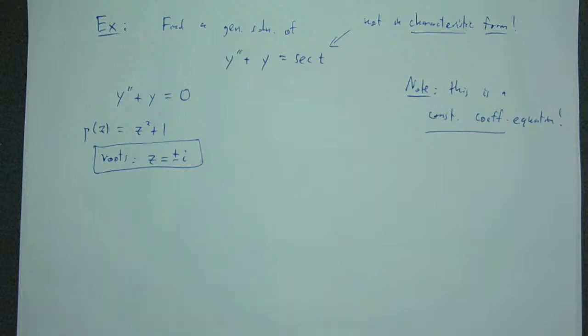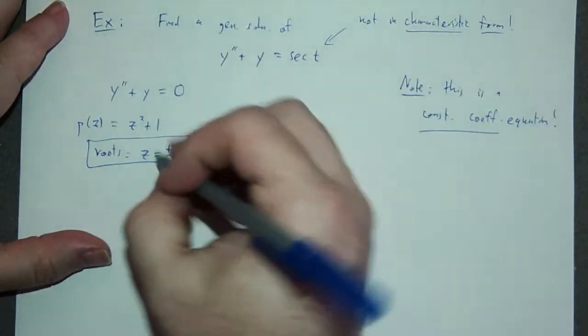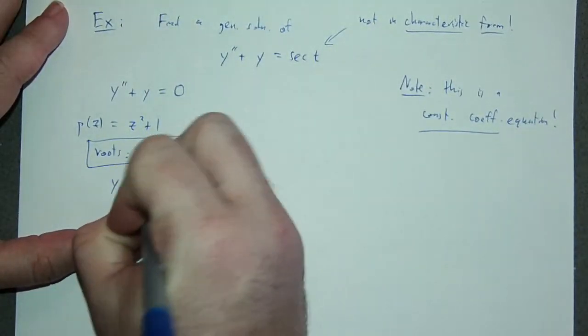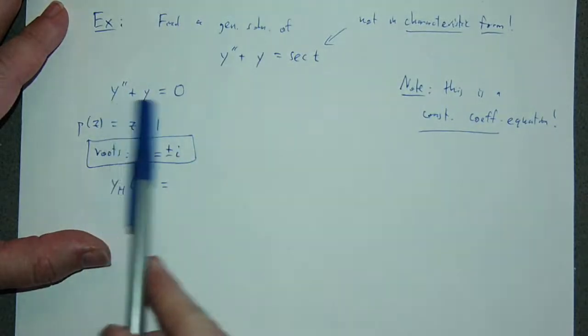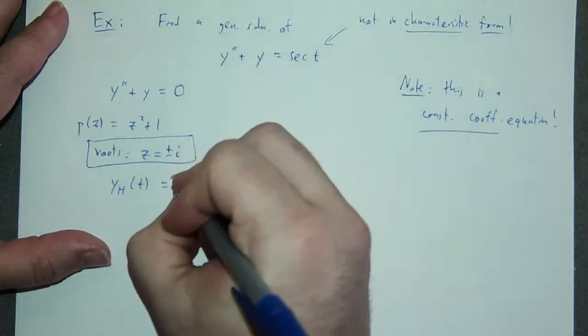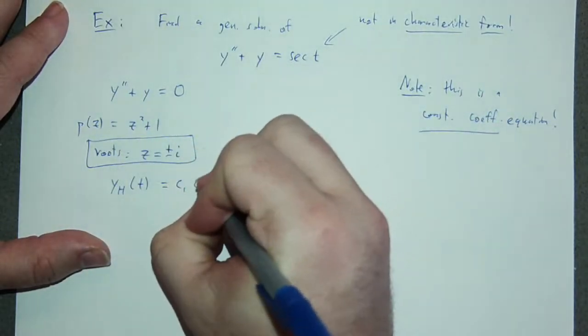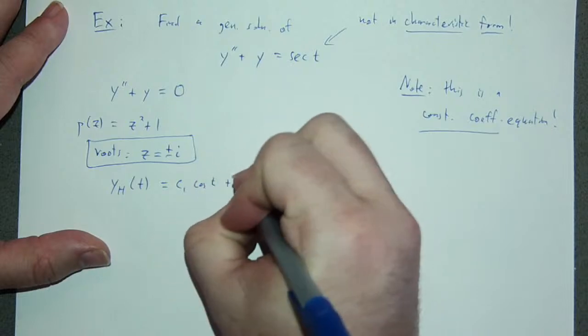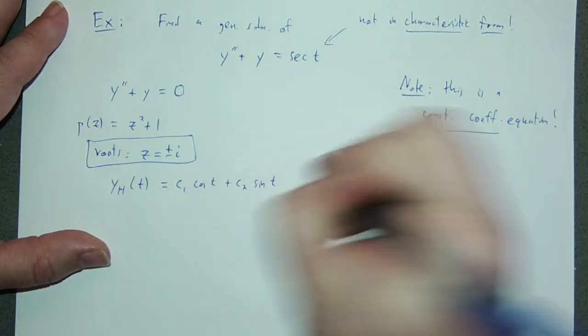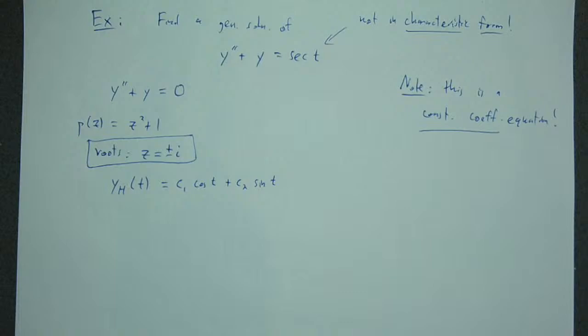So what's its homogeneous solution? Or what is the general solution to this homogeneous equation? Well, C1 cosine t plus C2 sine t. Right? That's just directly from the roots, so this is the form that it takes.